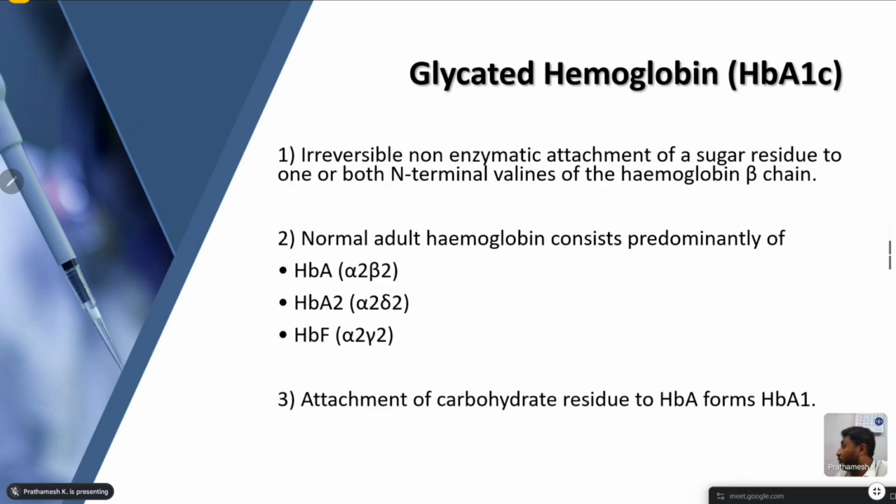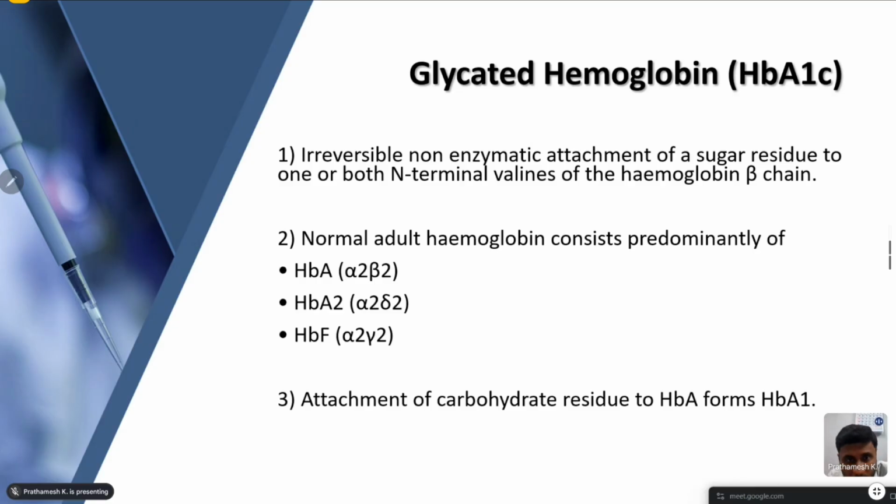Now, what does normal adult hemoglobin comprise of? You have HbA0 or HbA, the adult hemoglobin, 2 alpha chains and 2 beta chains; HbA2, 2 alpha and 2 delta; and HbF, 2 alpha and 2 gamma.